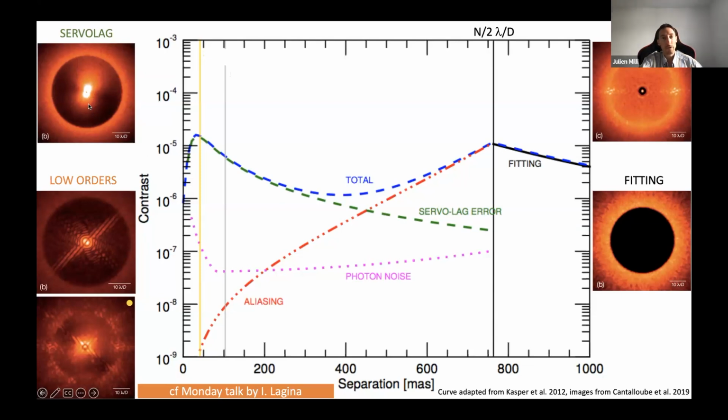This is when you have wind or if the turbulence evolves faster than your system can correct for. And that is what is limiting you in the innermost parts, close to the inner working angle of your coronagraph. Exactly like low orders that are not presented in this diagram, but that also limit your contrast at small separation. So let's go now through all these terms to see how they really affect our contrast.